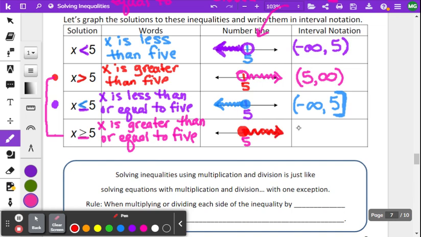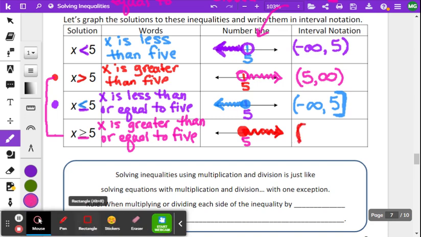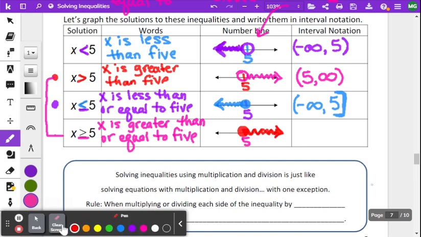To show this, once again, our low number, whoops, I did the wrong thing. Our low number, that should have been a bracket. Okay, our low number is 5, and it is included in our solution, and our solution goes up to infinity. Okay, so that's the notation that we'll be using.